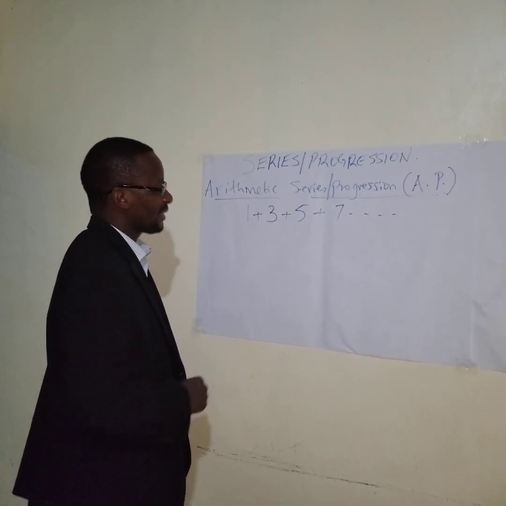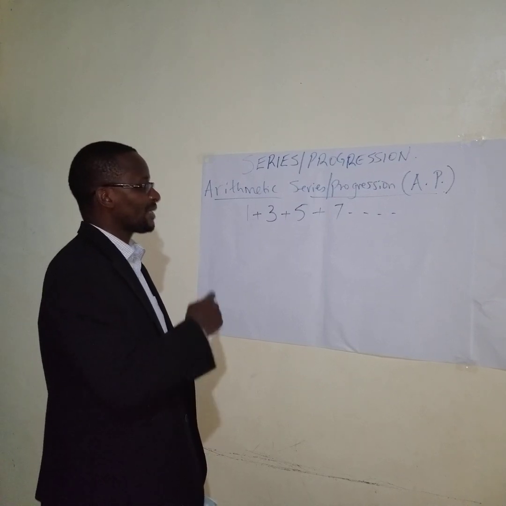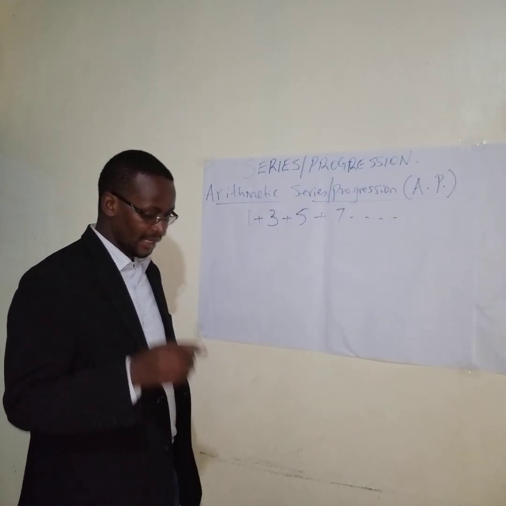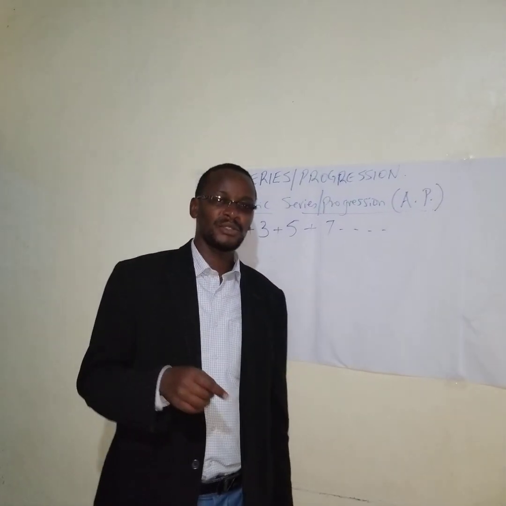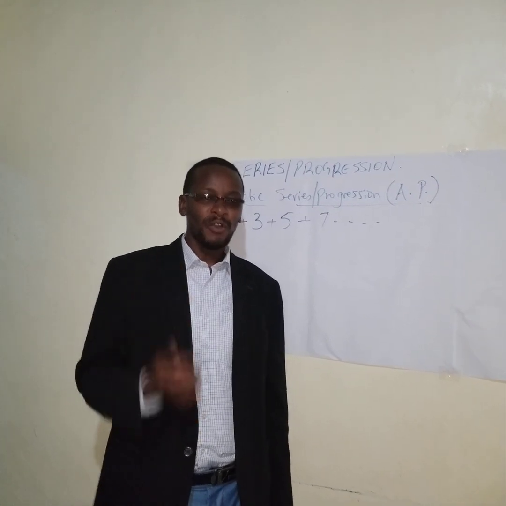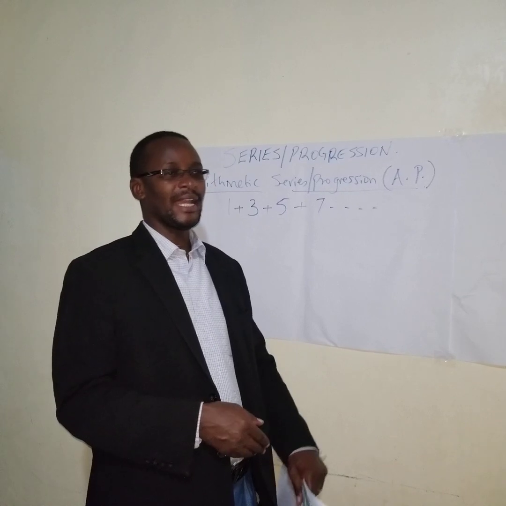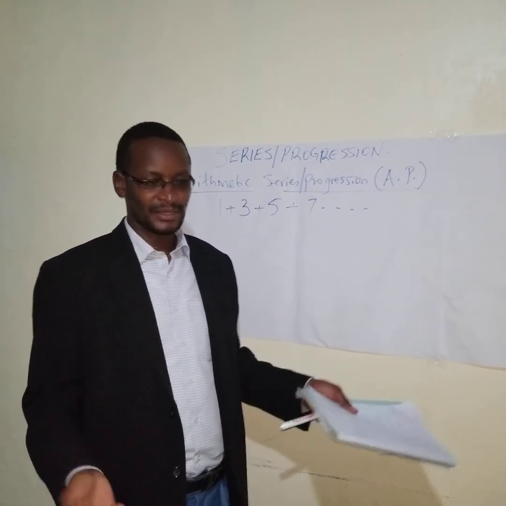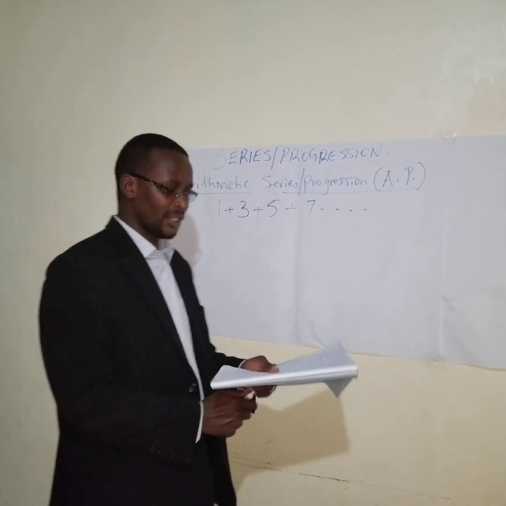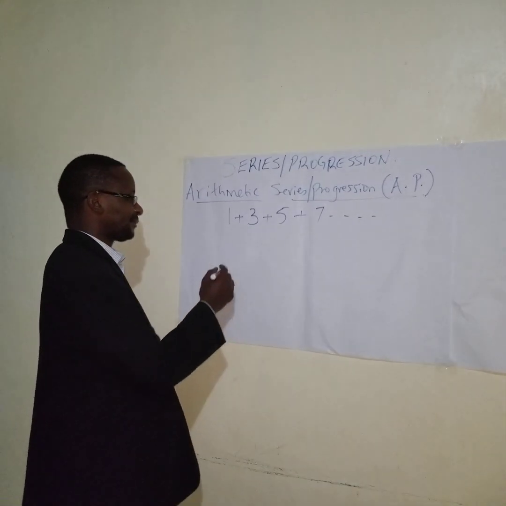So let's start with arithmetic progression. The good thing and the most important thing you should get here is the formula of getting the sum of any number of terms, n terms, of an arithmetic progression. The formula is only one.